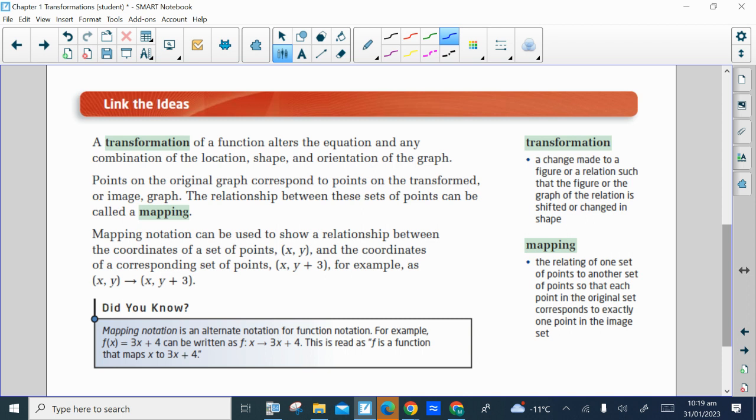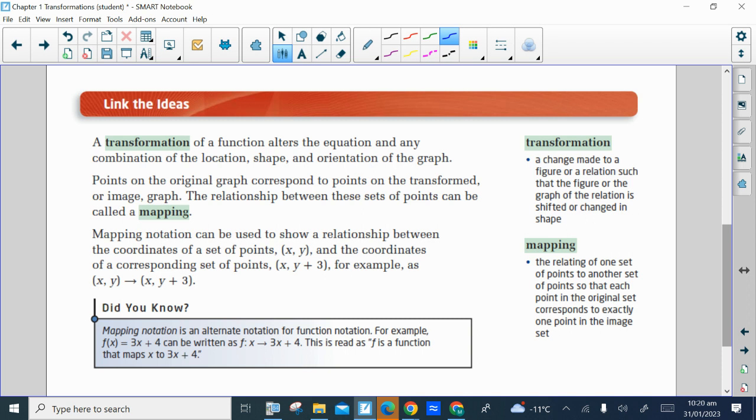Okay, so you're going to be tested on this, guaranteed, several times, because transformations are a major part of the course. So on the right, a transformation is a change made to a figure or a relation such that the figure or the graph of the relation is shifted or changed in shape.